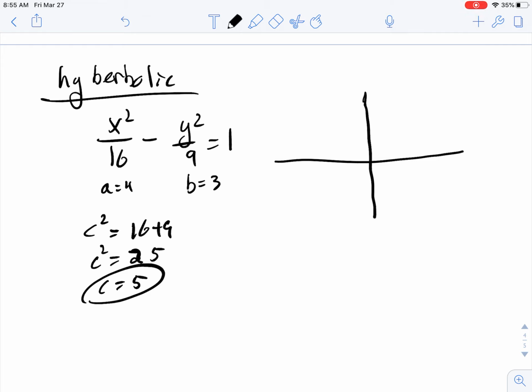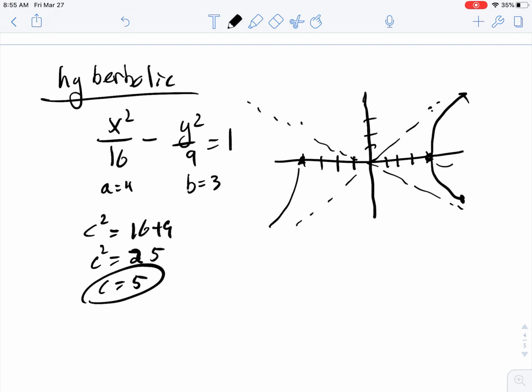So my vertex is at 4. Again, I'm just going off the previous video here. We had up 3, 1, 2, 3, 4, like so.